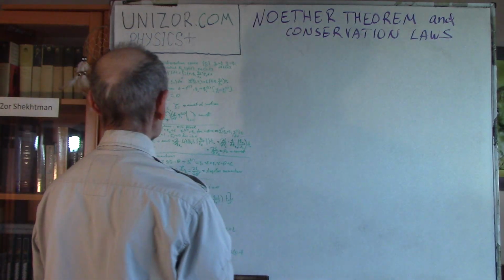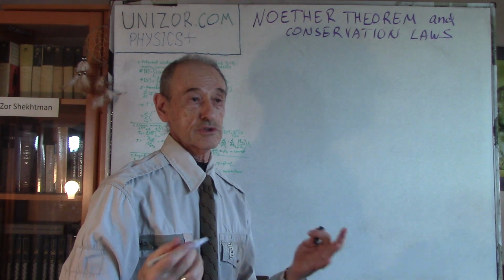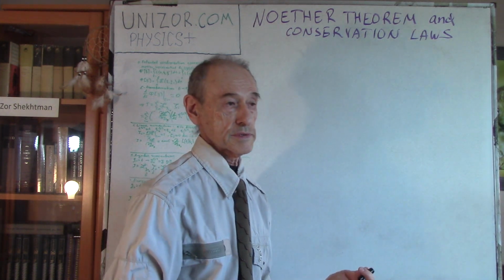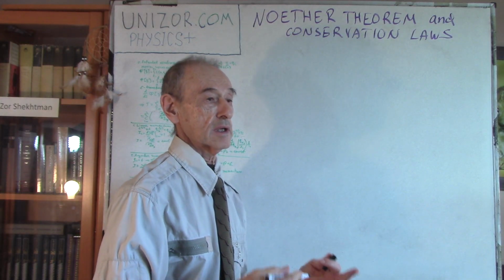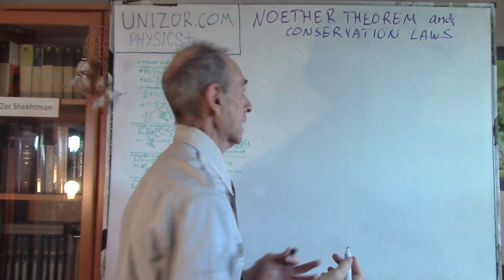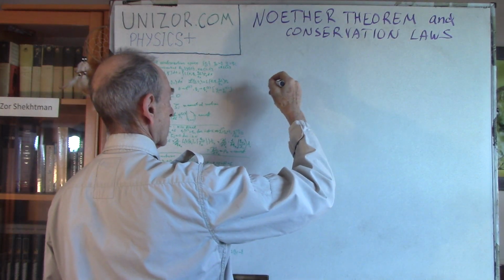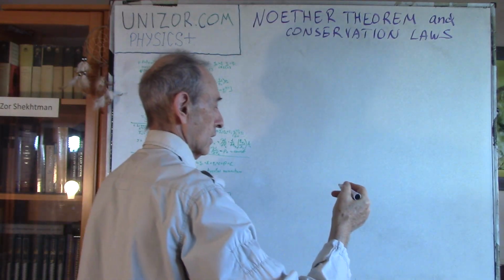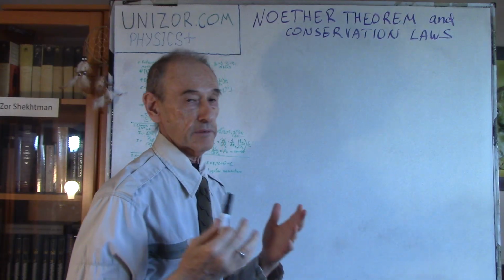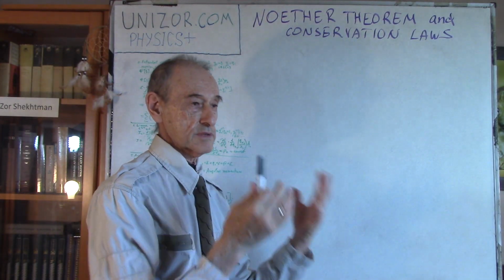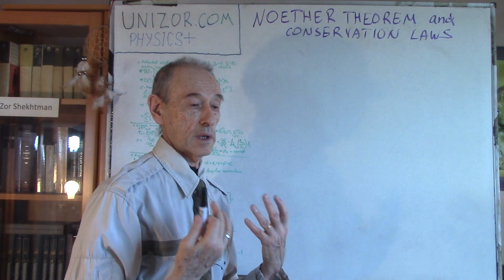The result is: the action functional should not change with motion, which means exactly the same thing, its derivative by x is supposed to be equal to 0. What kind of condition have we applied to this functional, the action functional, to be invariant?